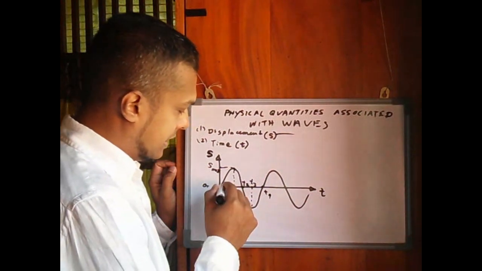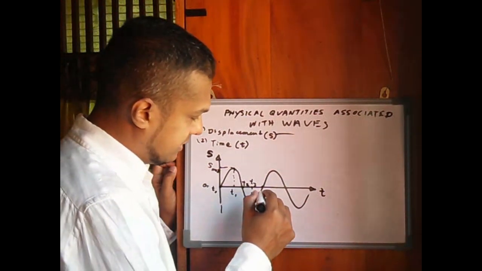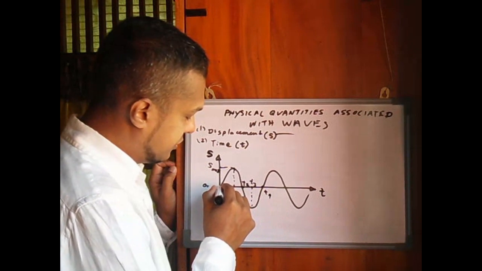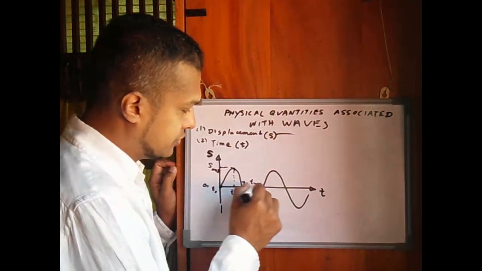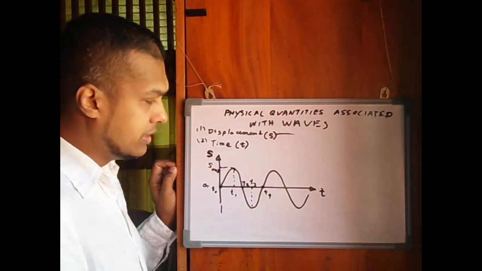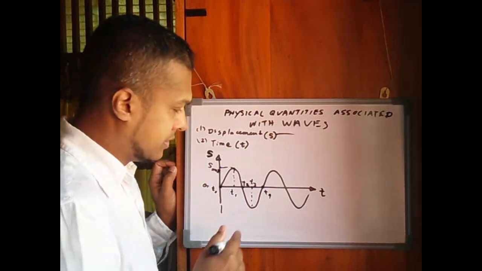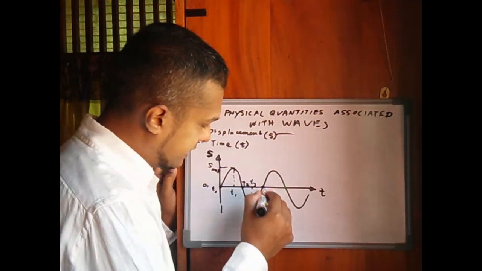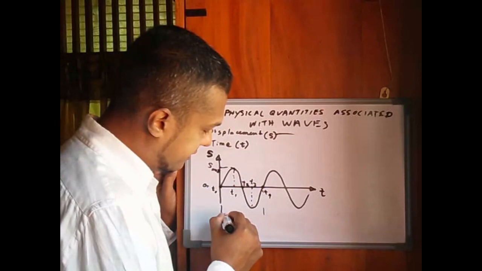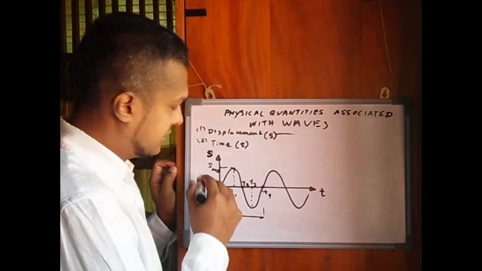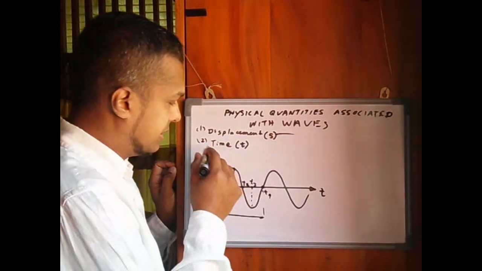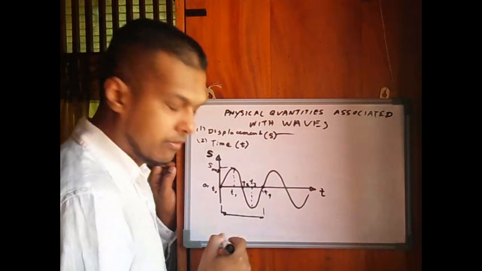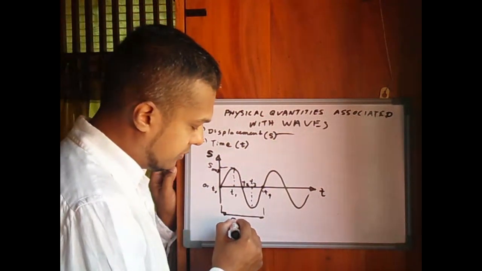Theoretically, when we go from t0 to t4, we call it one period. From here to here we call one period, because we draw this wave on a displacement-time graph.